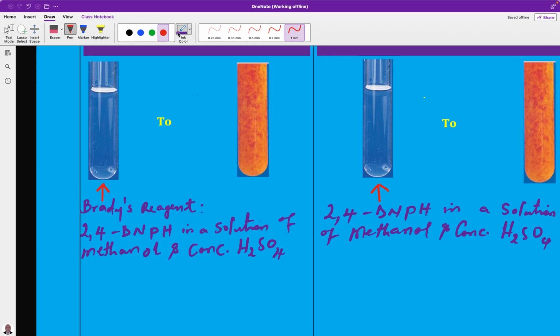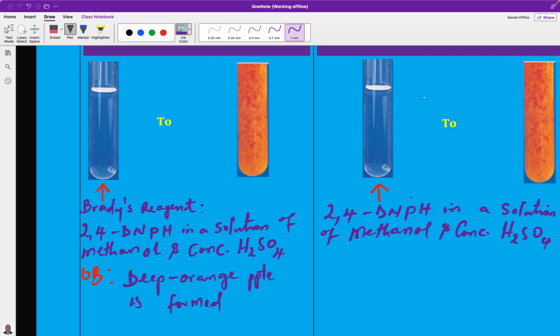Our observation here will be a deep orange precipitate is formed.